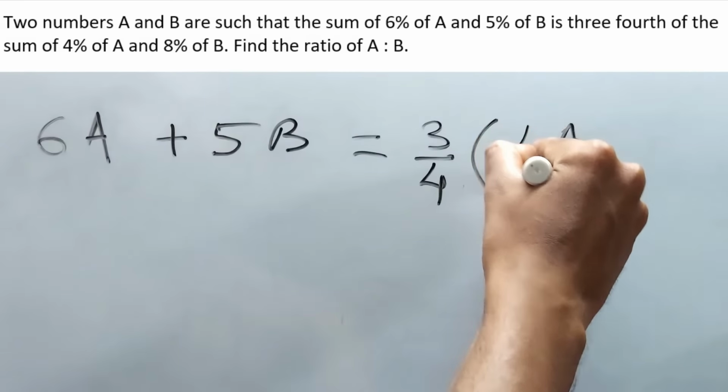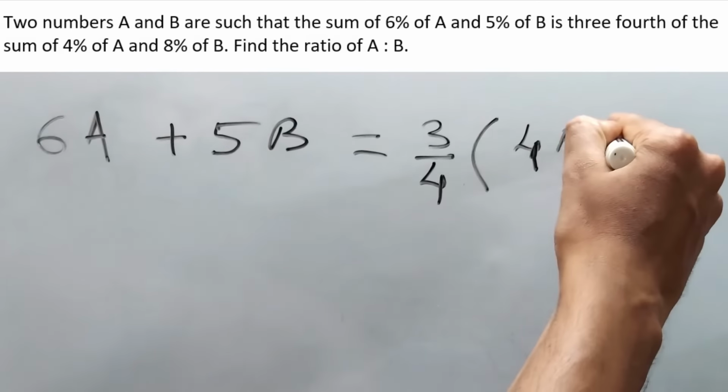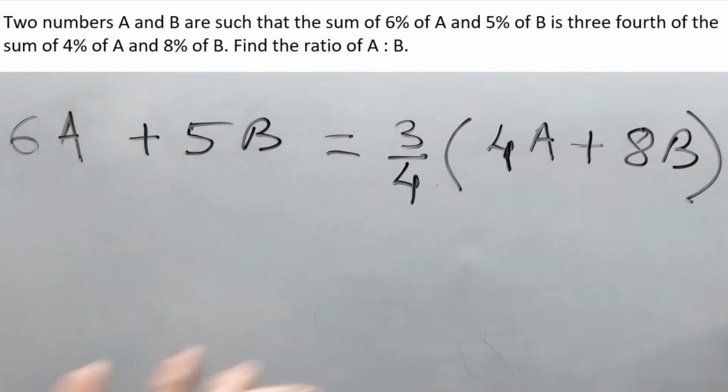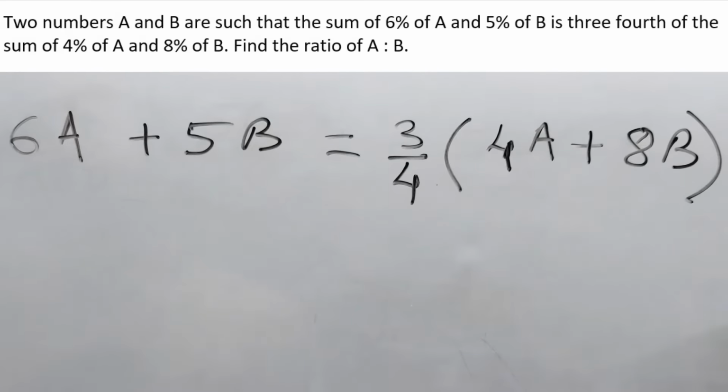I'm just removing the 100 from both the sides so that things will be easier for us to calculate. 4% of A and 8% of B, that means 8B. See, if you make the equation, it's easy because we don't have to solve this equation, we just have to find the ratio of A and B, right?